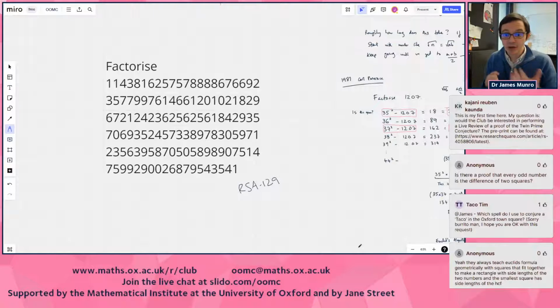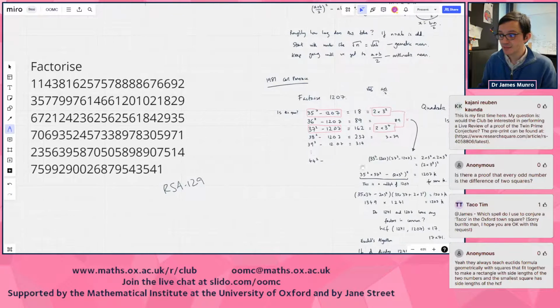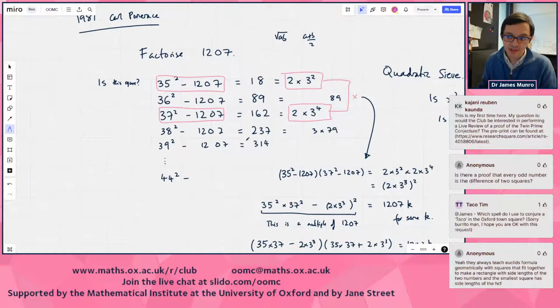But I would say it's mostly due to the algorithms that people are running, the ideas that people have had about better ways to factorize numbers, so that, just for example, with the thing we've been doing today, over here with quadratic sieve methods, you don't have to go all the way up to 44 squared.